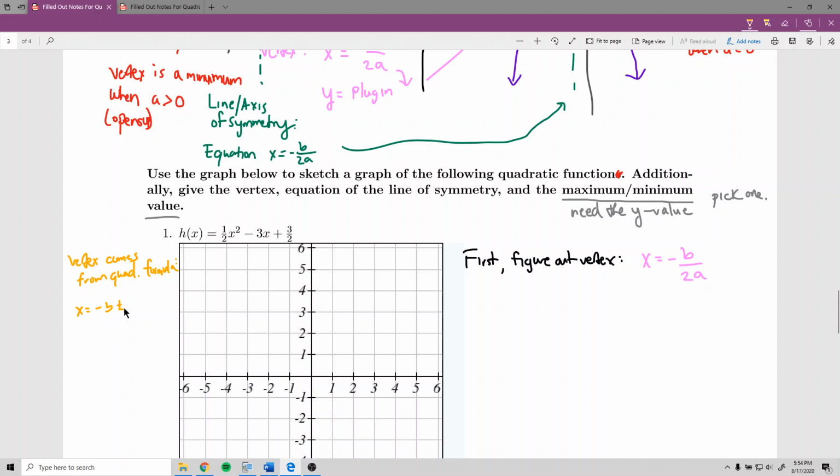It's negative b plus or minus the square root of b squared minus 4ac all over 2a. And the vertex is kind of, if you threw away the square root part, negative b over 2a. So if you remember the negative on the quadratic formula, or you remember the vertex comes from the quadratic formula, maybe that can help you remember. Don't forget the negative.